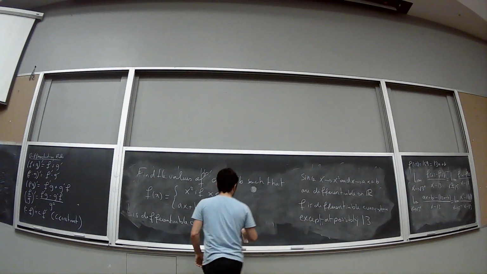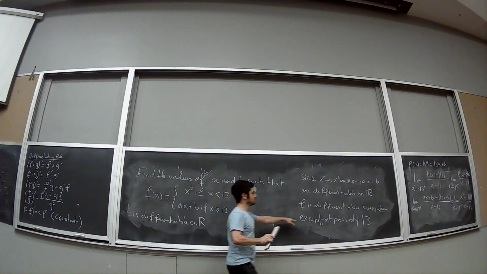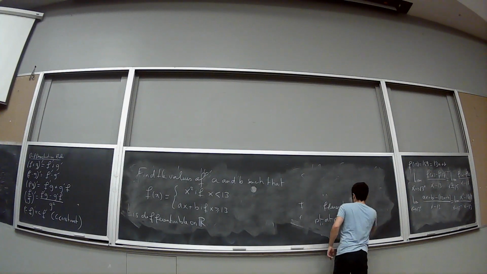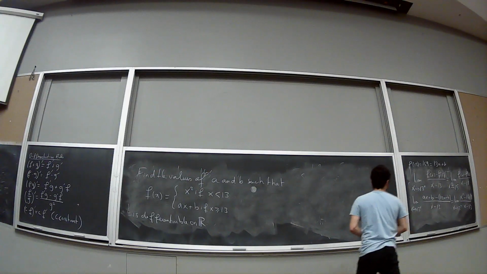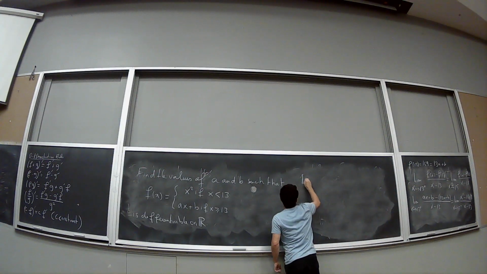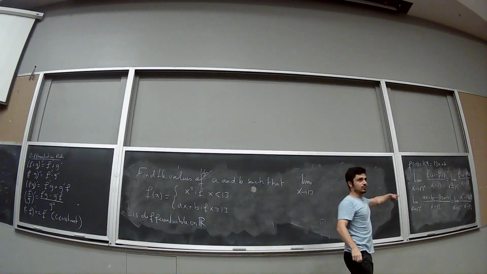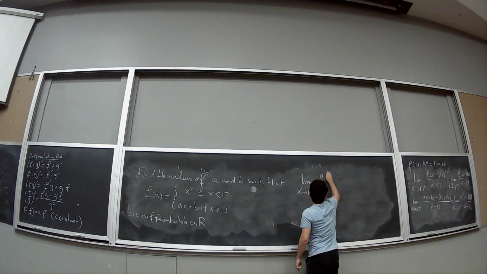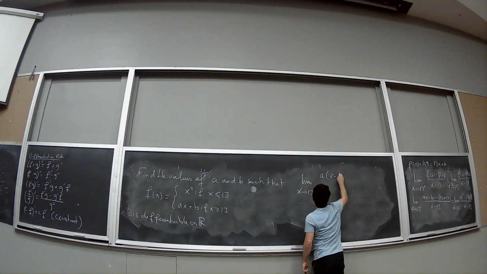Oops. Can I write here? Okay, what is that? This is just the limit as x goes to 13. The b's will cancel out, you agree? I can factor an a out and I get x minus 13.